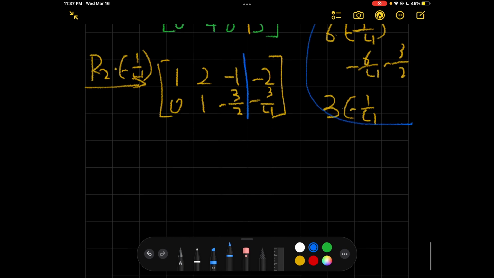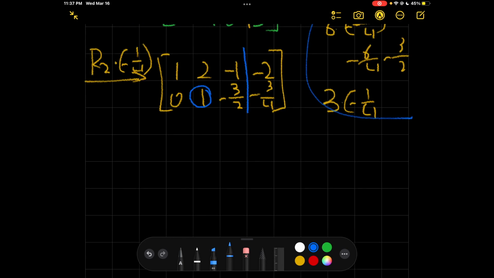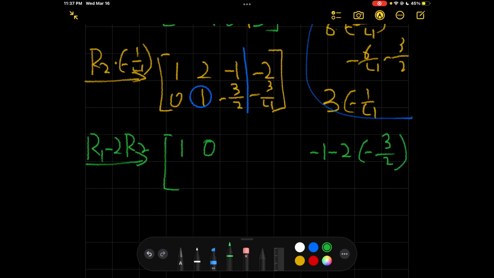Okay, let's put that on the side, and we have another leading one as a pivot point. What we can do is knock out the row 1. So row 1 minus 2 row 2: we have 1, 0, -1 minus 2 of -3 over 2, which is -1 plus 3, which is 2.